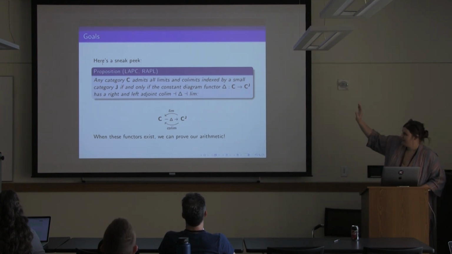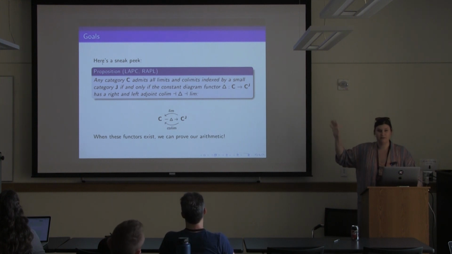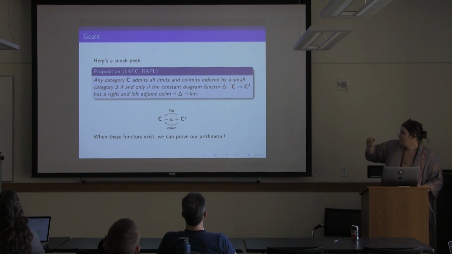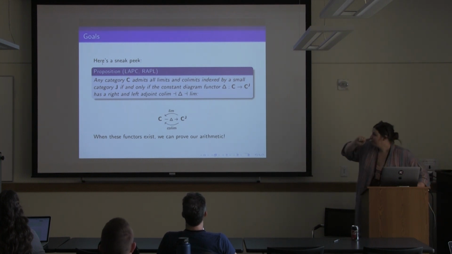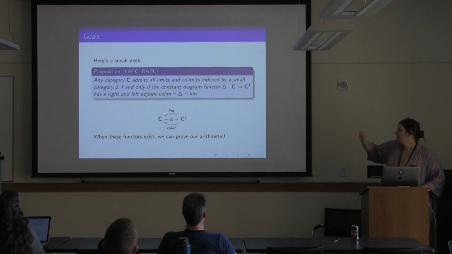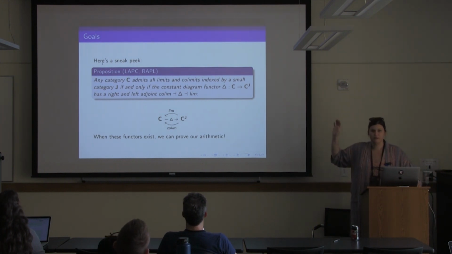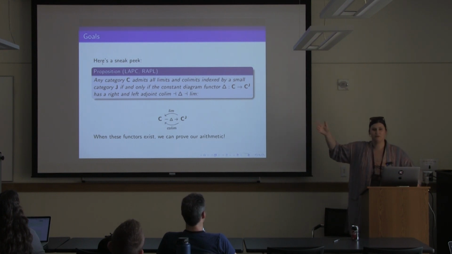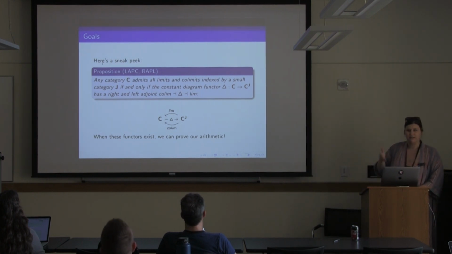It says, if I have a small category, or a locally small category C, so hom sets are sets instead of just collections, and a category J, which indexes my category C by some diagrams, which we'll explain, then C admits every limit and colimit in the case where you can form this adjunction with respect to a diagonal functor, where you have colimits being left adjoint to a diagonal functor, and the diagonal functor being left adjoint to limits.